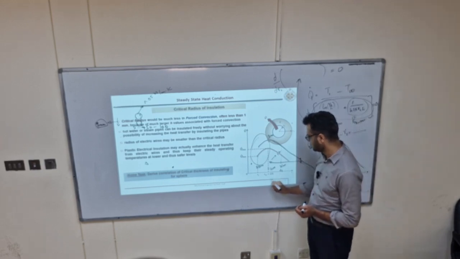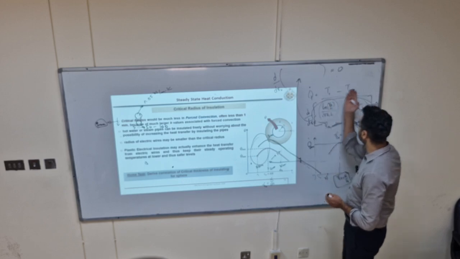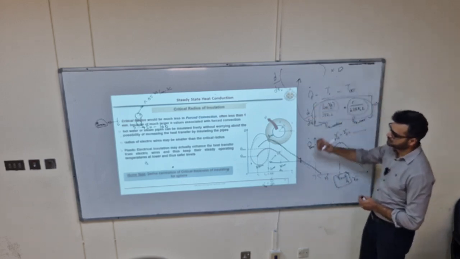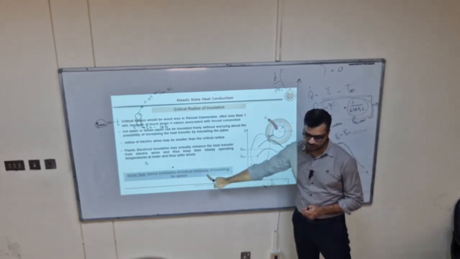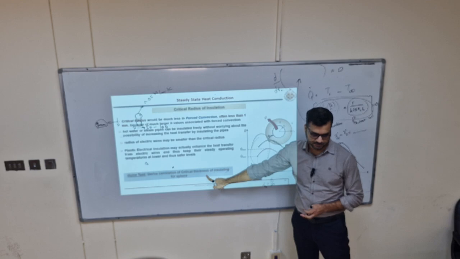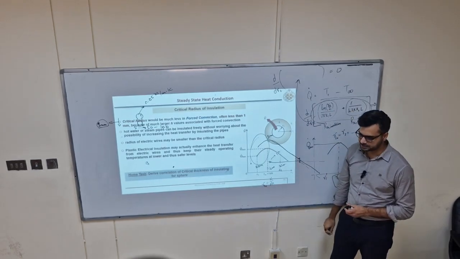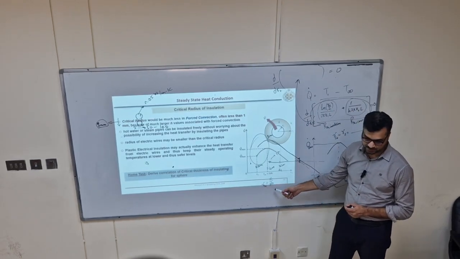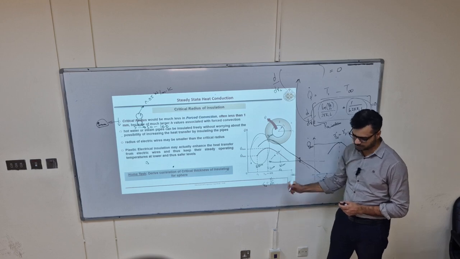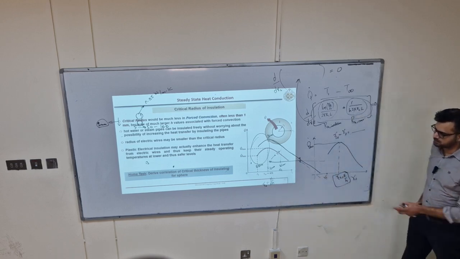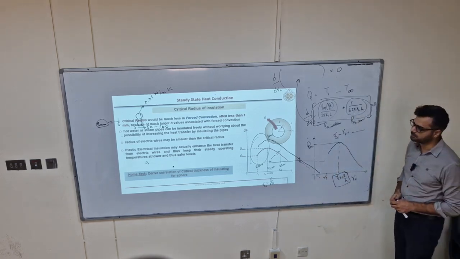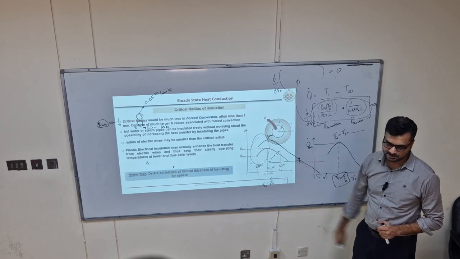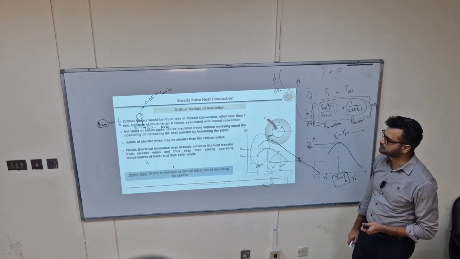It's K over 2H, I think. By following a similar procedure, you can derive it for a sphere. Critical radius of insulation is not K by H, it's K by 2H. So that's your home assignment, which you do not need to submit, just a part of your course.